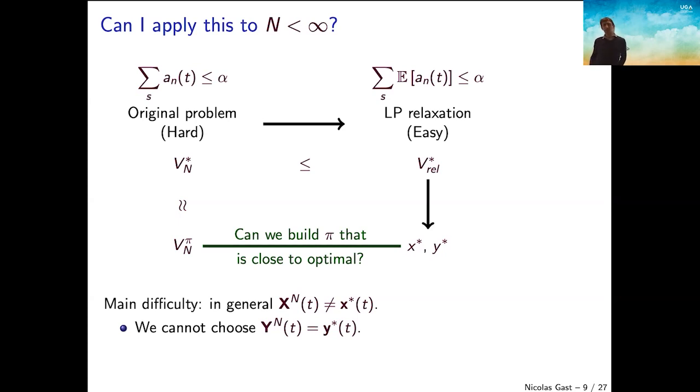So I agree that I'm cheating a bit here. I'm saying this is the n equals infinity problem, but in fact not really, because what I have on the right is just a relaxation, and you can apply it for n equals 4.